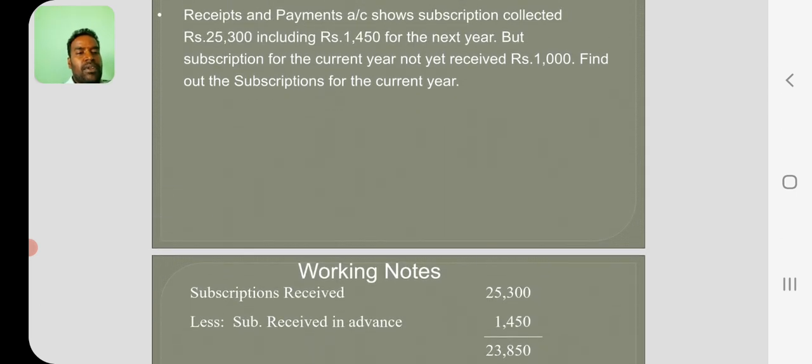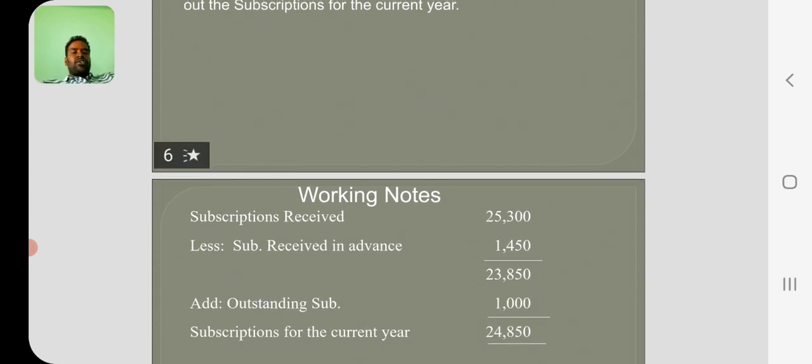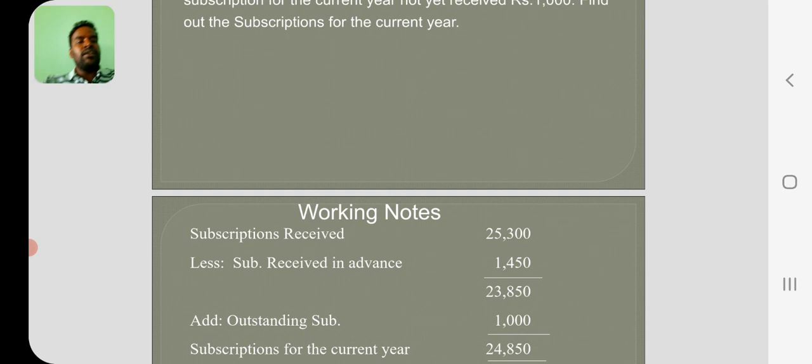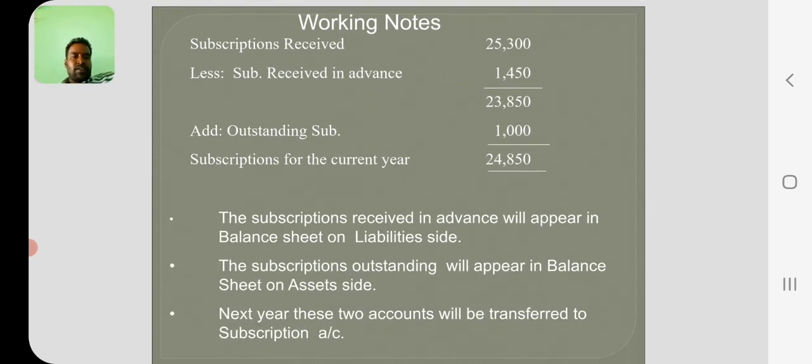So see here, the subscription received 25,300, subscription received in advance 1450 for the future should be deducted, and 1000 to be added, means it is outstanding of the current year. So it should be added. The net result is 24,850. The subscriptions received in advance will appear in balance sheet on liability side.